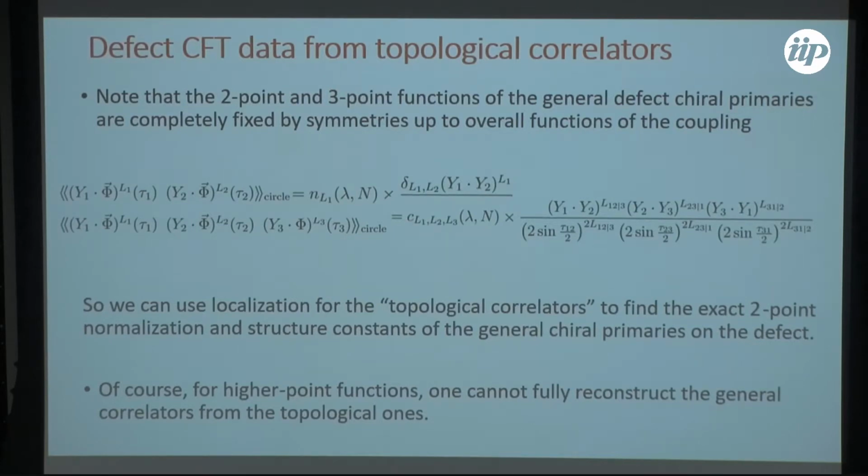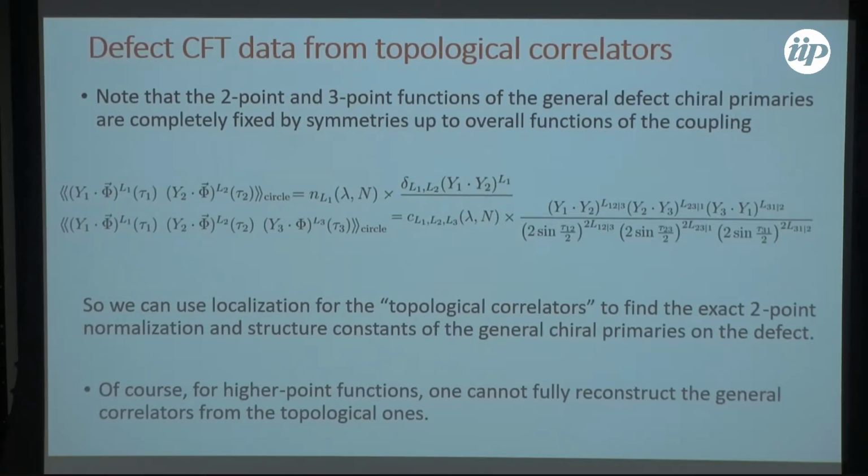Okay. So even though we look at these topological operators, one observation is that if we think about 2-point and 3-point functions of this, like the general physical chiral primaries insertions inside the Wilson loop, those are fixed, completely fixed by conformal symmetry and R-symmetry up to functions of coupling. So specializing to this topological subsector, we can still reconstruct the full physical structure constants for these operators.